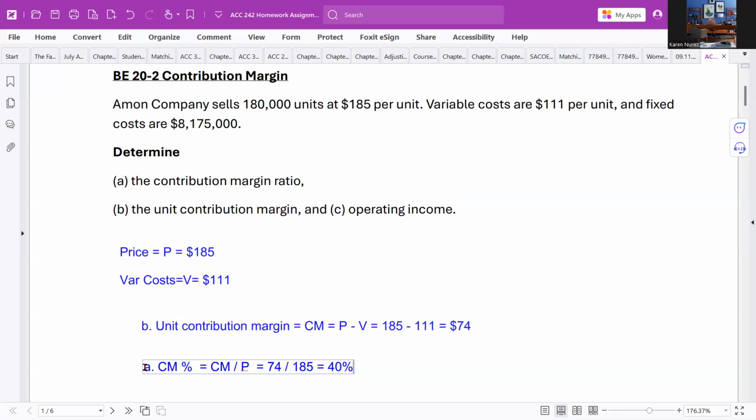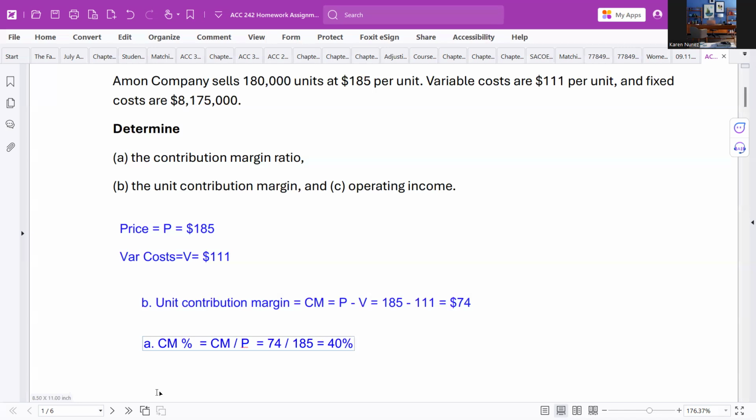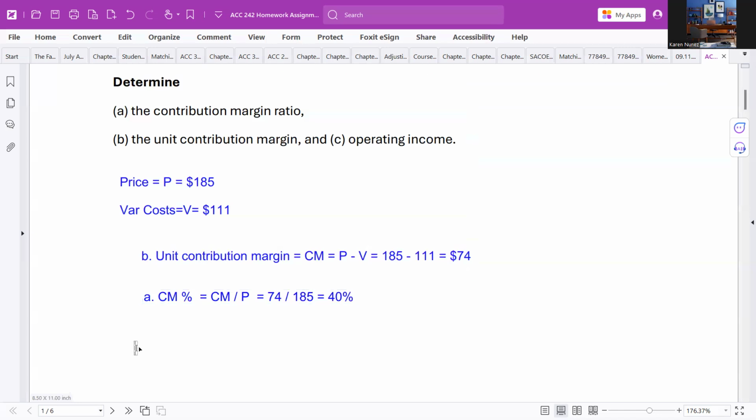And if we want to know the operating income, well, that's a different question. That's going to take a little bit more manipulation here. Essentially, the operating income is that income measure at the bottom of the income statement. So let me see if I can list all of this out. If we have the sales minus the variable costs, that will give us what we call contribution margin.